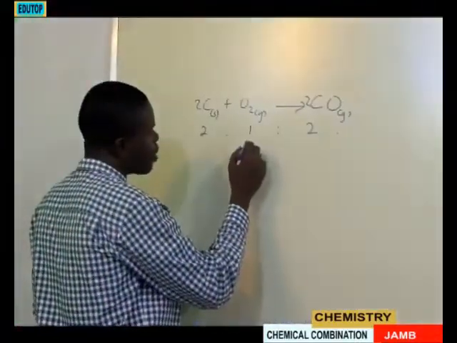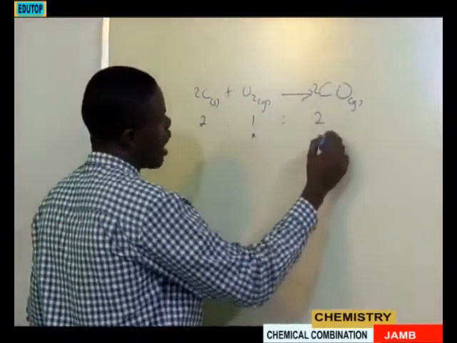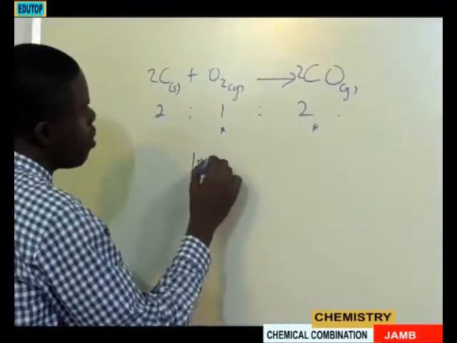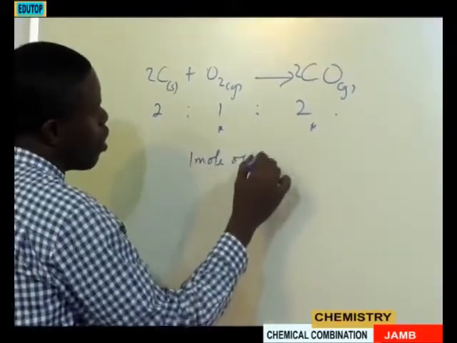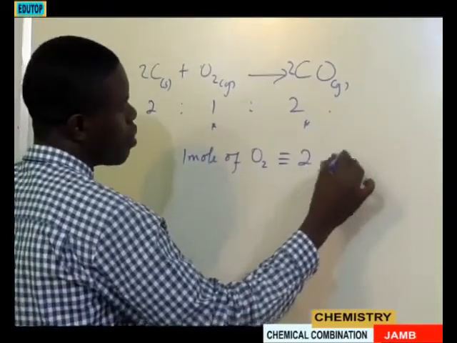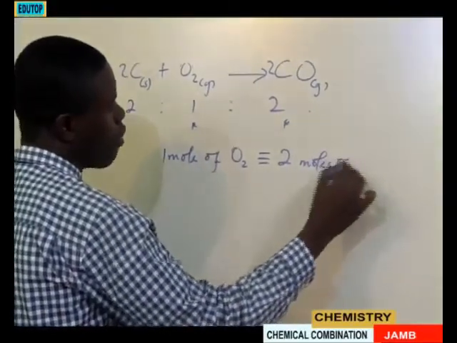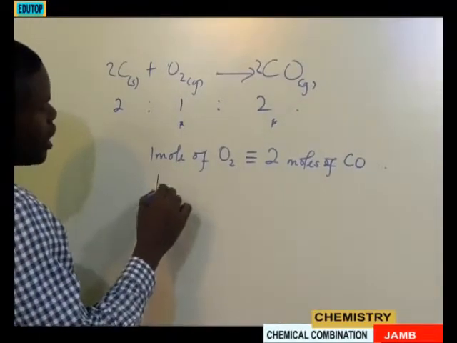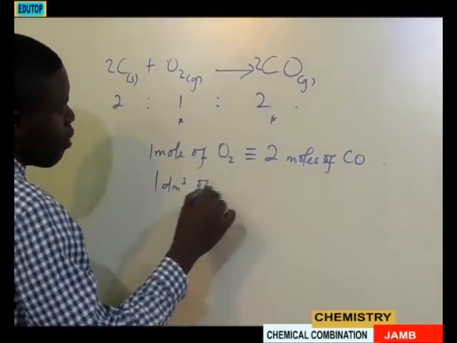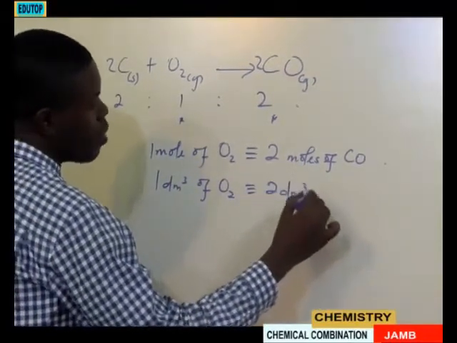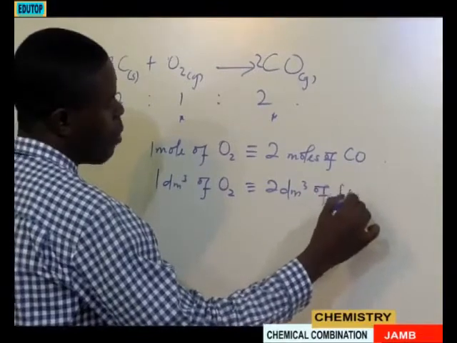So in this situation, it's talking about oxygen and carbon dioxide. Now, let's check their mole ratio. 1 mole of oxygen gas is equivalent to what? 2 moles of carbon dioxide. Then that means 1 dm³ of oxygen will definitely be equal to 2 dm³ of carbon dioxide.